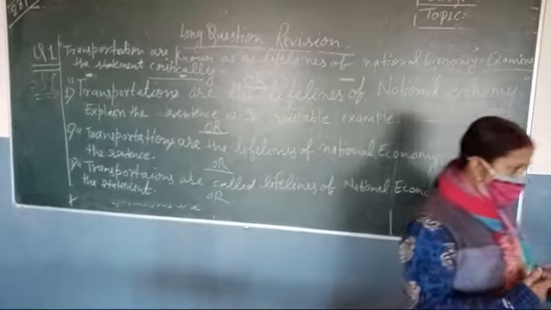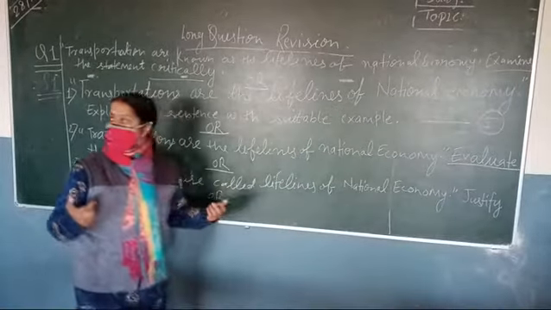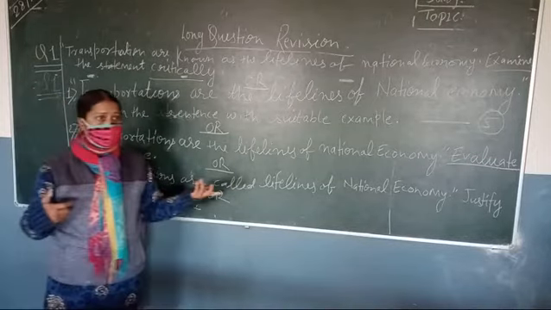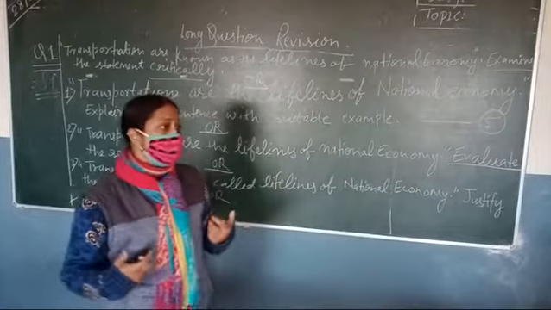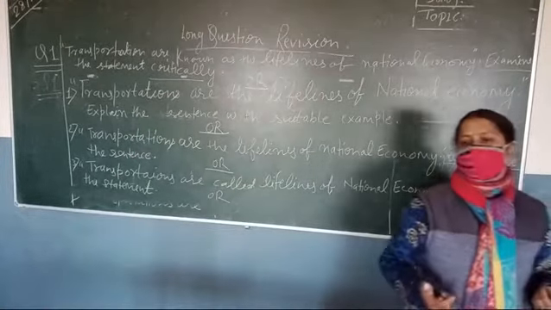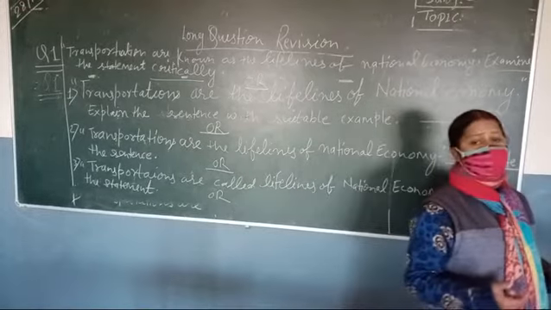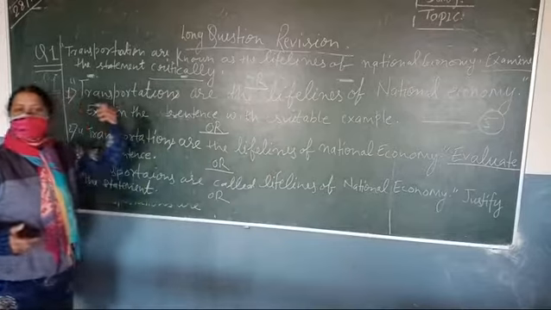We want railway network facilities in the hilly areas also, but it costs more than the roadways network. So it is a challenge that in hilly areas we do not have the railway network. In such a manner you have to write, and the statement can be different. Here I am just giving you an example.